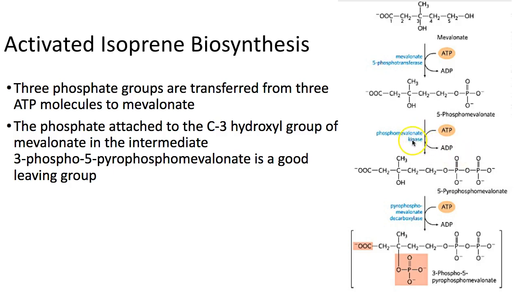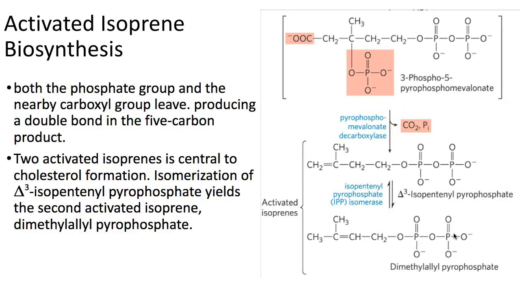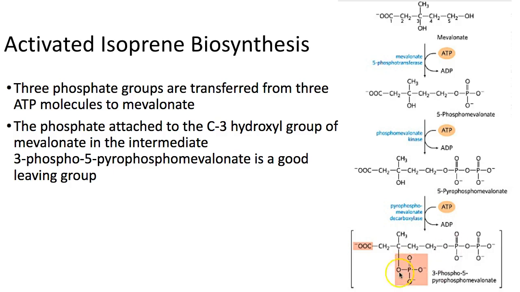This is generally a kinase type of enzyme, and now it has two phosphoryl groups, which is more considered a pyrophosphoryl group now. From there, you still have this lingering hydroxyl group, so another transfer of a phosphoryl group goes to that hydroxyl group.